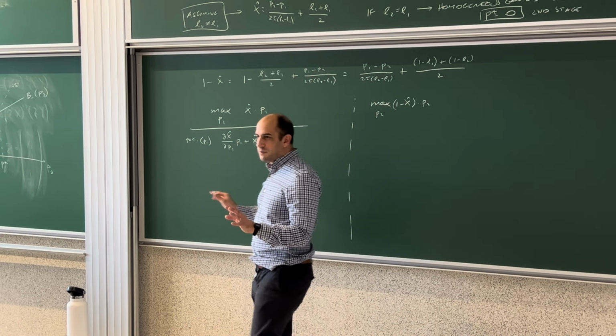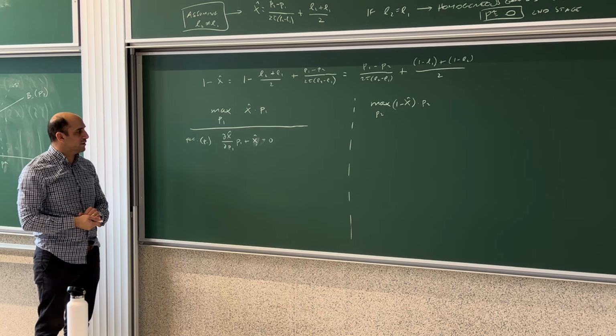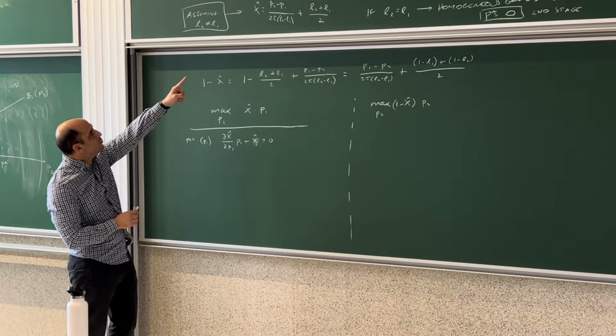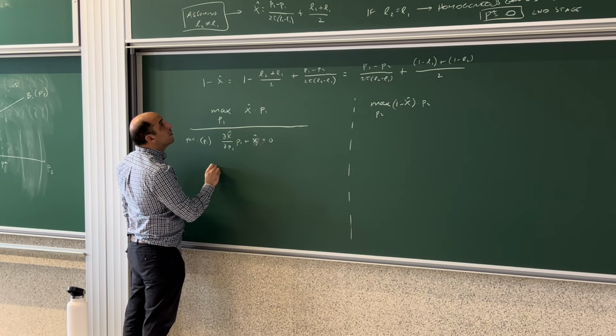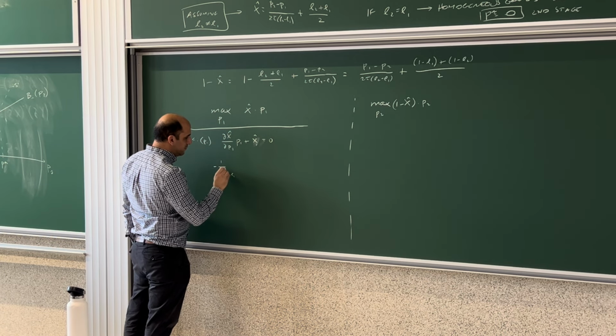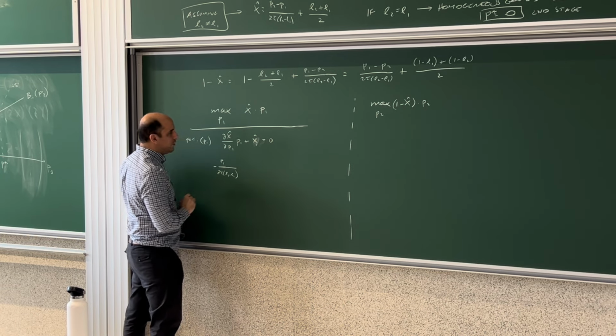And this is where the algebra started getting a little bit complicated. Okay, so the derivative of x hat with respect to P1 is minus 1 over 2 tau times L2 minus L1. And this times P1 is just P1 over this.